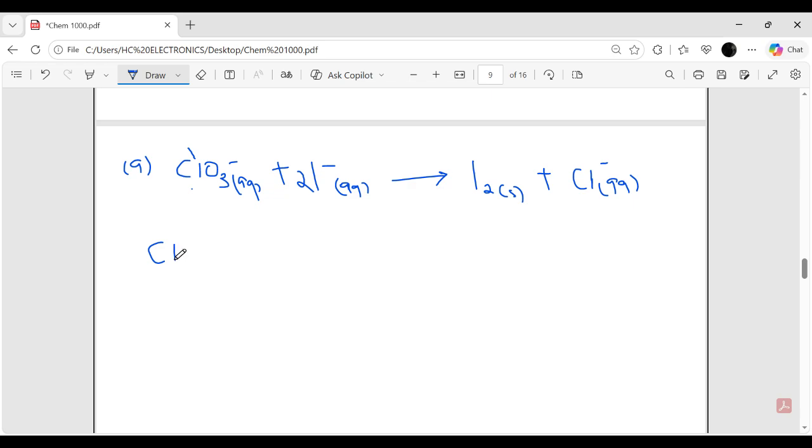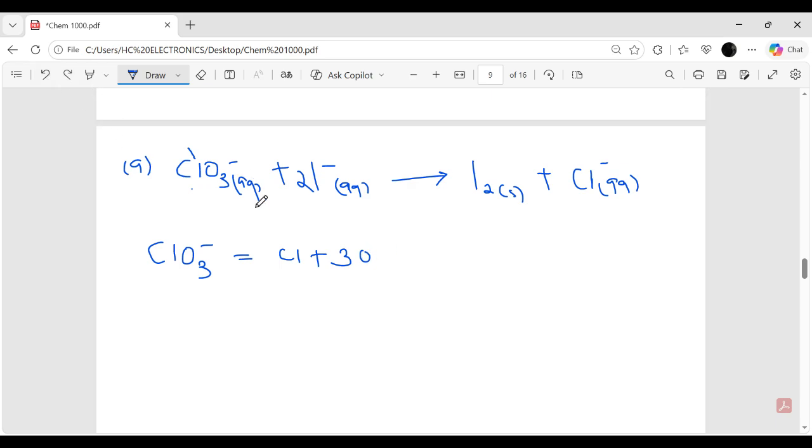So for chlorate, to find the oxidation number, it's going to be Cl plus 3 oxygen is equal to -1, because the overall charge is -1.